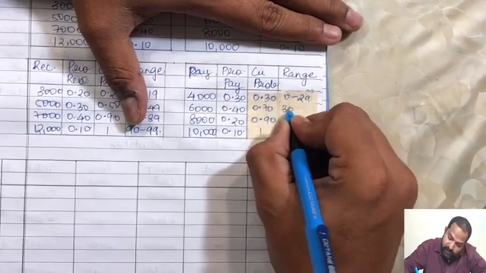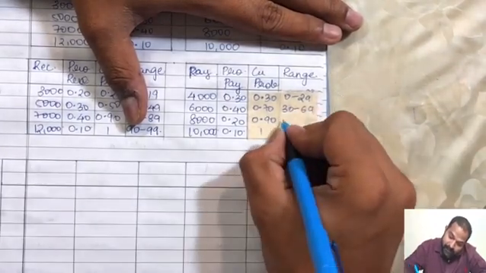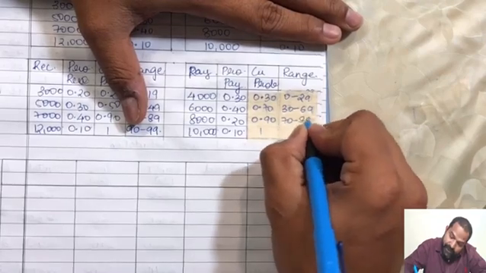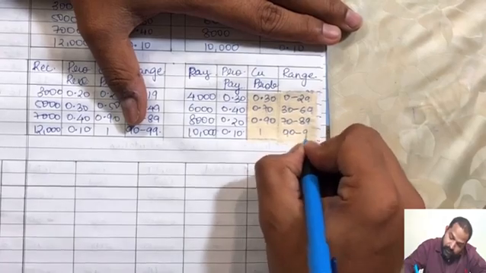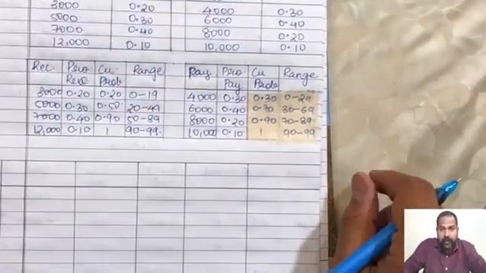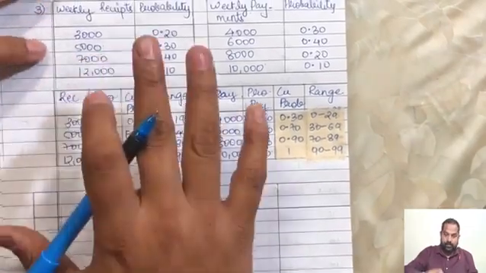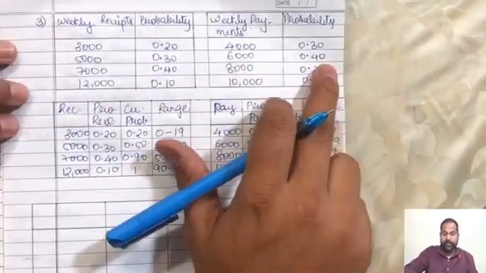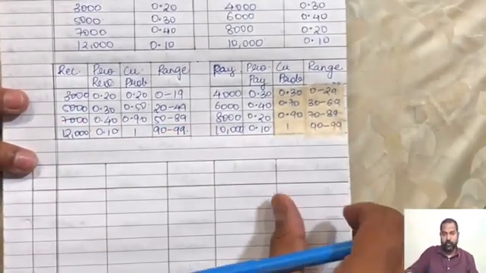Then this is 30 to 69. Then this is 70 to 89. And this is 90 to 99. Nice. So, weekly receipts probability, weekly payments probability. I created a range out of the two.